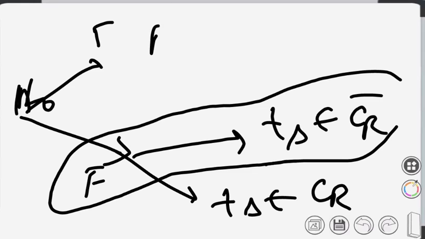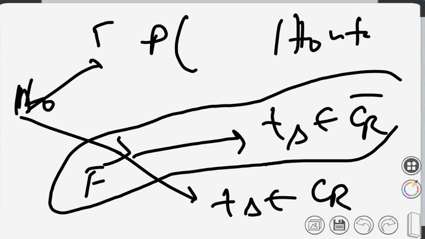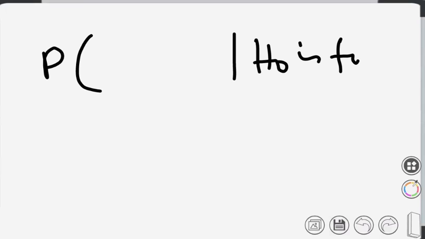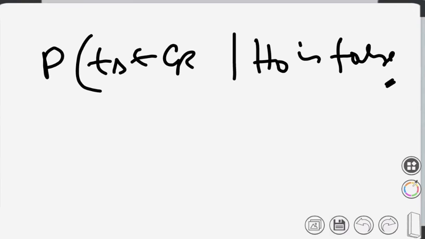So the probability that H0 is false but TS belongs to CR bar. We can write the probability that the null hypothesis H0 is false, but this is called conditional probability, given TS belongs to CR bar, which means the acceptance region.